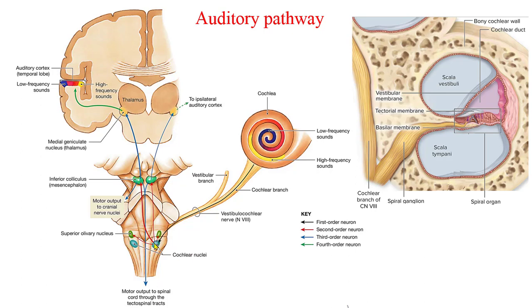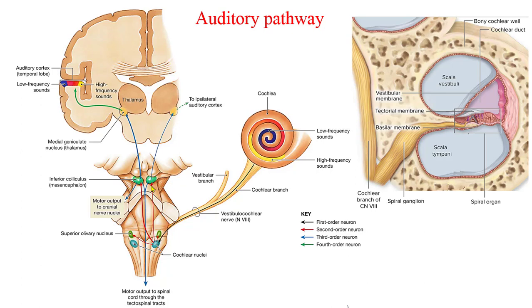Second order neurons will divide before exiting the cochlear nuclei. Some of the neurons cross to the opposite side of the brain and ascend to the contralateral inferior colliculus of the midbrain, while a smaller number remain ipsilateral and enter the inferior colliculus on the same side of the brain.